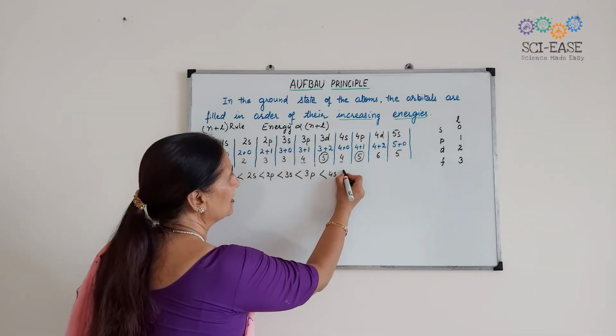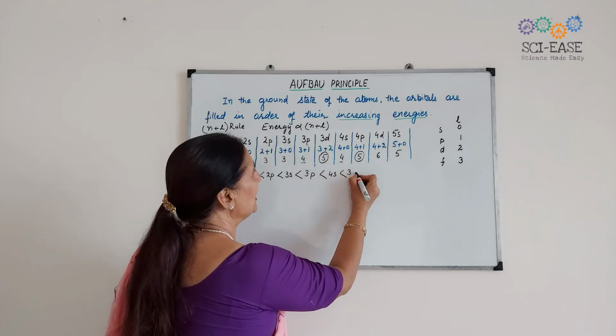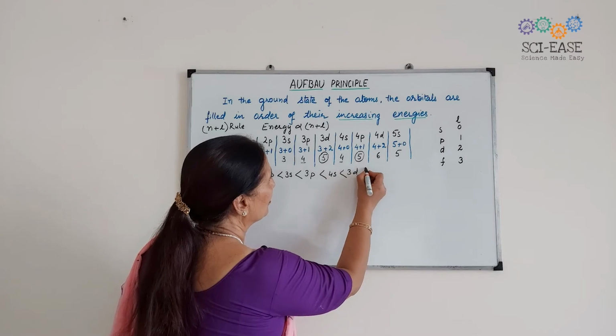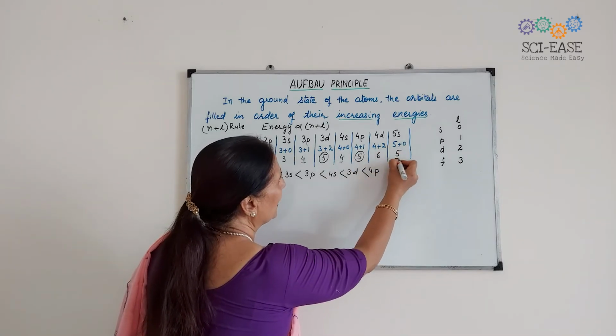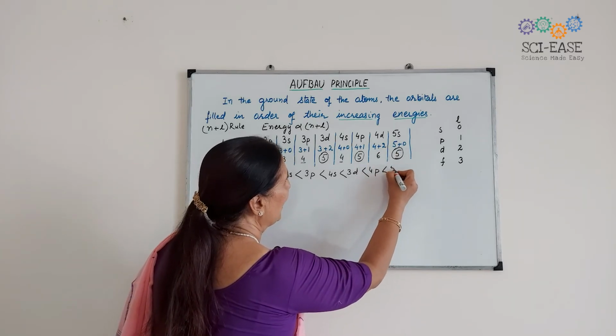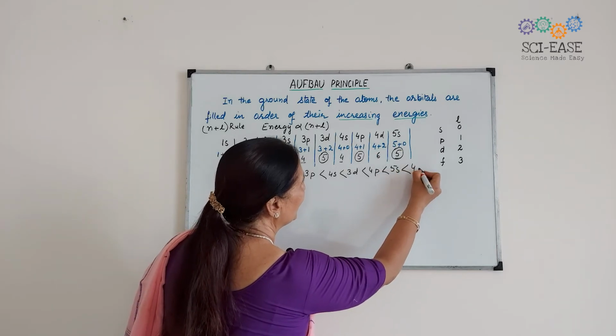So it is having the lesser value of n. So 3d. Then comes 4p, then again this is 5, so 5s and 4d.